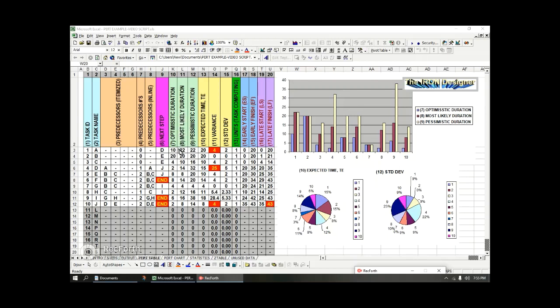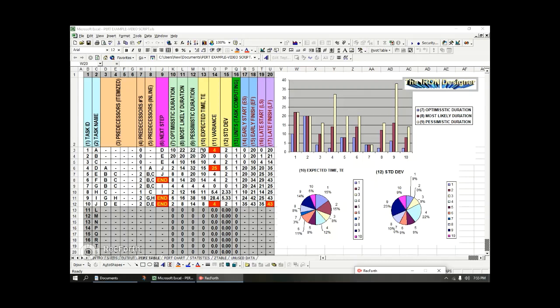The most likely, like the average duration or your expectation, would be 22 to complete. Could be 22 hours, could be 22 days. Since we're doing construction management, we're measuring everything in days. Then the pessimistic duration is the same as the most likely, so that's that. B is going to be, say, 20 optimistically, and you go on down the line. You go down the line for each one, okay?